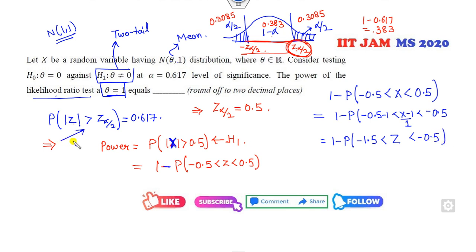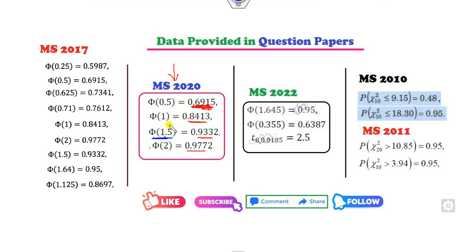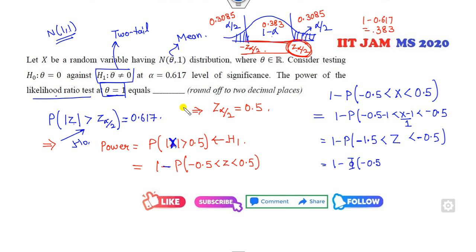Now z is 0.5. This is my h naught. Fine. This is my h1. So now I can write this in terms of the CDF of minus 0.5. Okay, both are negative, but we need both as positive numbers. Fine. So how can I write that? I can change this interval to be positive. Fine. I can write this same as 0.5 plus 1.5.